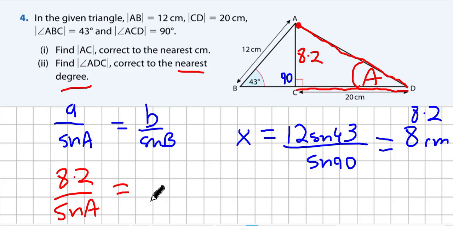So, yeah, right, it's 90. But the problem is, we don't know this length, do we? No. So, in this case, using the sine rule is actually a bad choice. Because we're lacking information. So, we do actually need to use SOHCAHTOA this time.